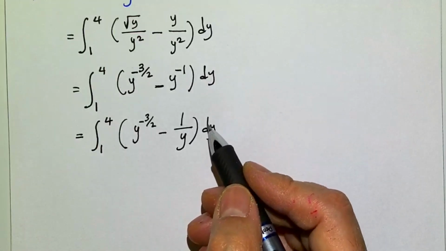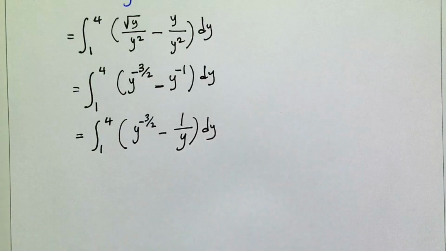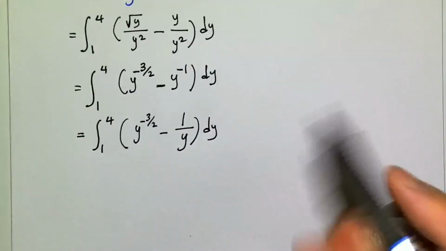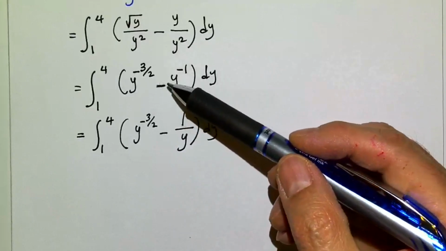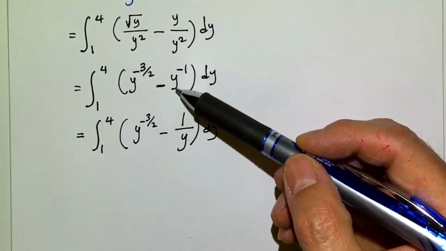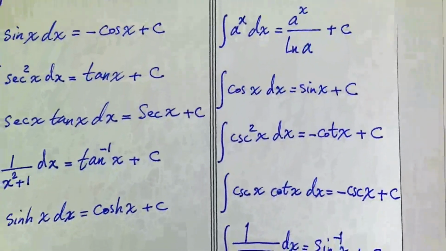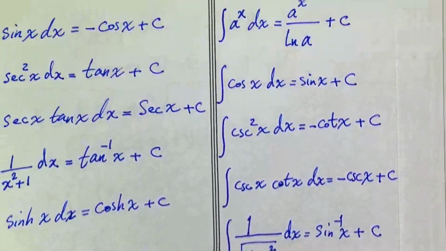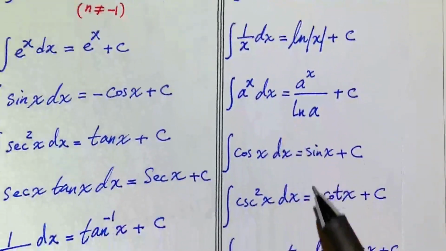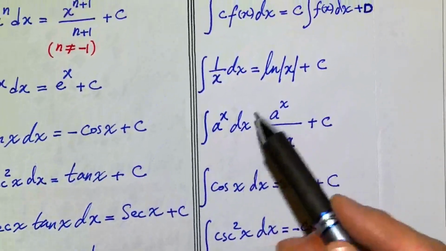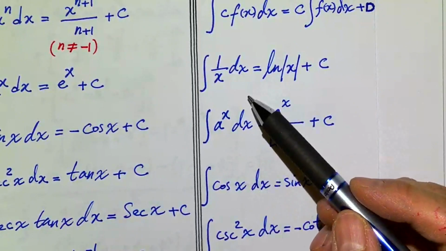The reason we want to do that is that as things get complicated, we want to write things in a way that look like the formulas we have, because if they do, then we're going to be able to use these formulas and integrate these expressions very easily.